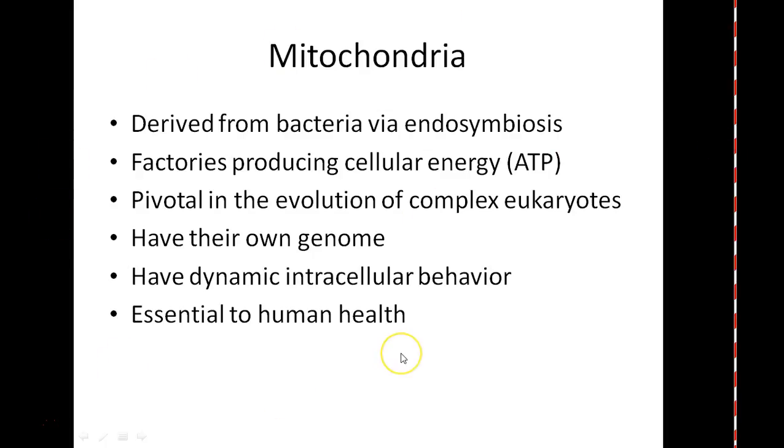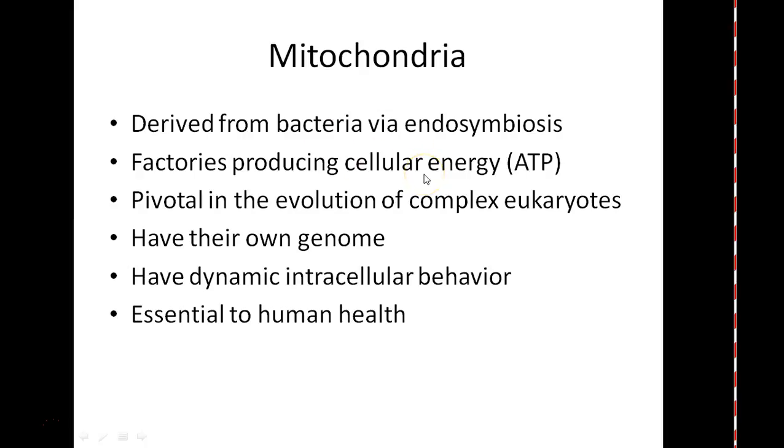I just want to briefly summarize what we talked about last time. We discussed that mitochondria were derived from bacteria in the process of endosymbiosis, and over millions of years they became really dependent on their host. A lot of the genes that were originally on the mitochondrial genome were transferred to the nuclear genome. They are factories producing cellular energy, therefore we care about them.